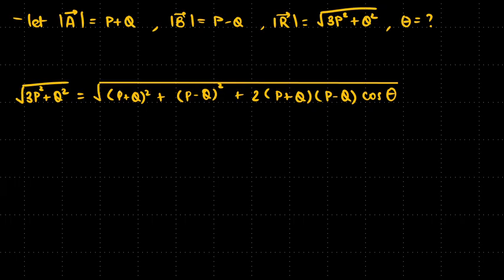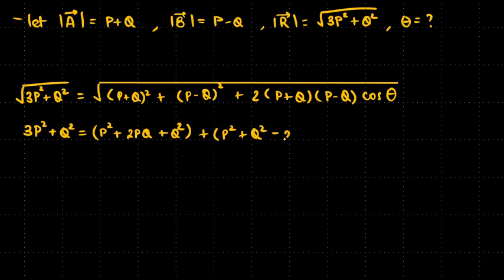Now if we square both sides, we get 3P squared plus Q squared must be, so let's expand this, P squared plus 2PQ plus Q squared. This is just the formula of A plus B whole squared, which is A squared plus B squared plus 2AB. And P minus Q can be taken as A minus B, so it will be P squared plus Q squared minus 2PQ.